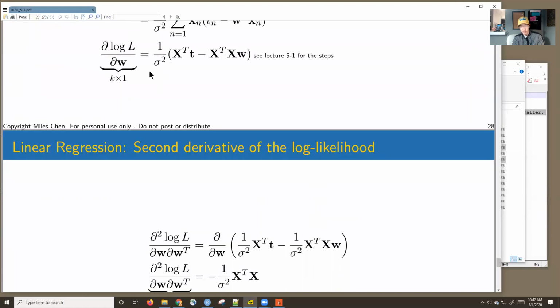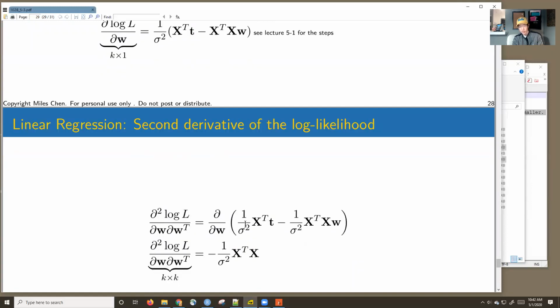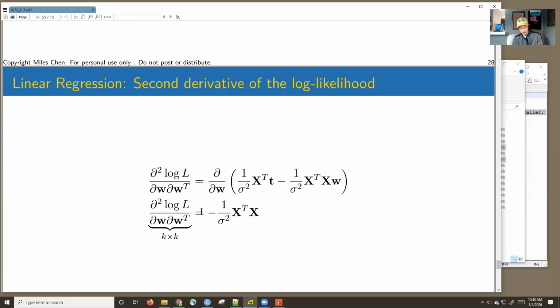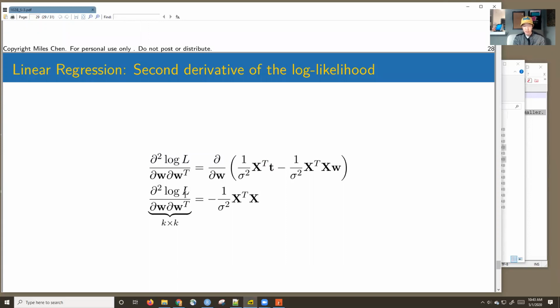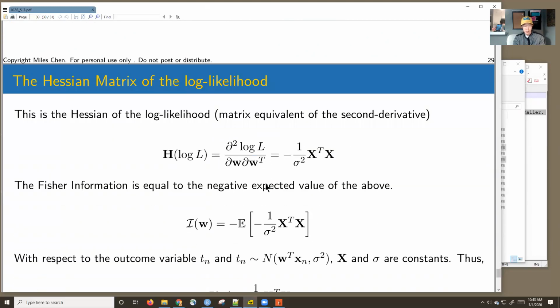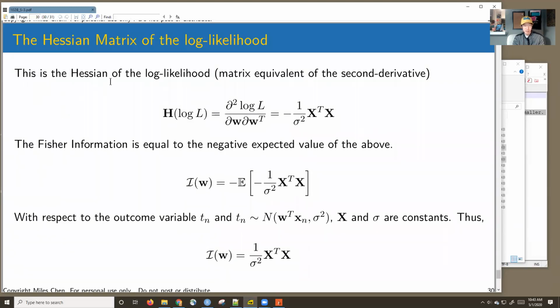Up here I distributed 1 over sigma squared, and this quantity drops out because it's a constant with respect to W, and then this with respect to W is going to be 1 over sigma squared X transpose X. So this is going to be a k by k Hessian matrix.